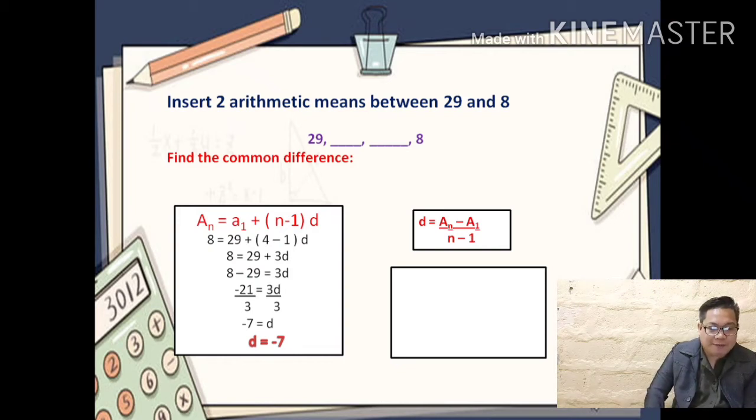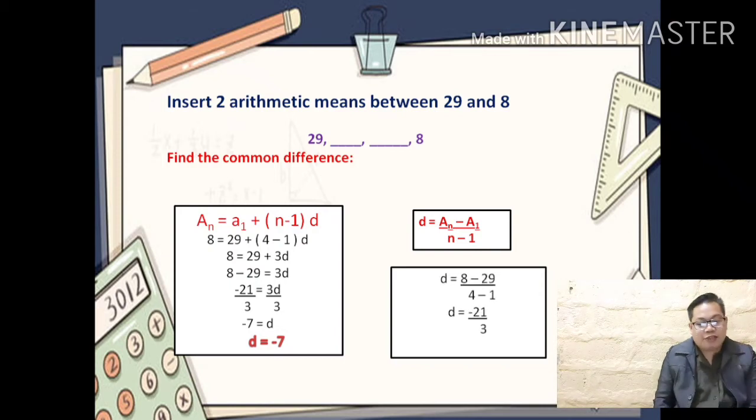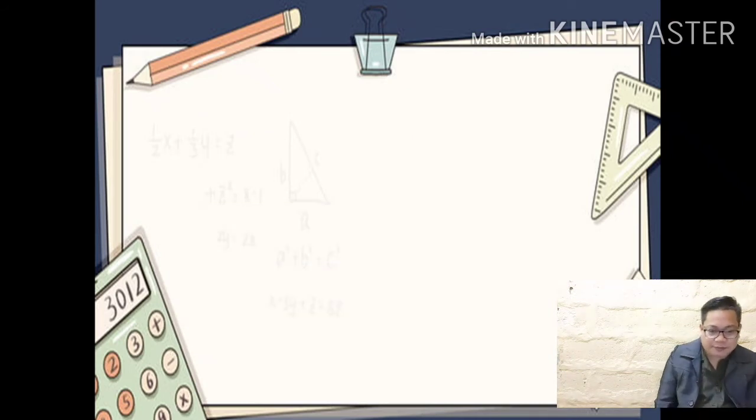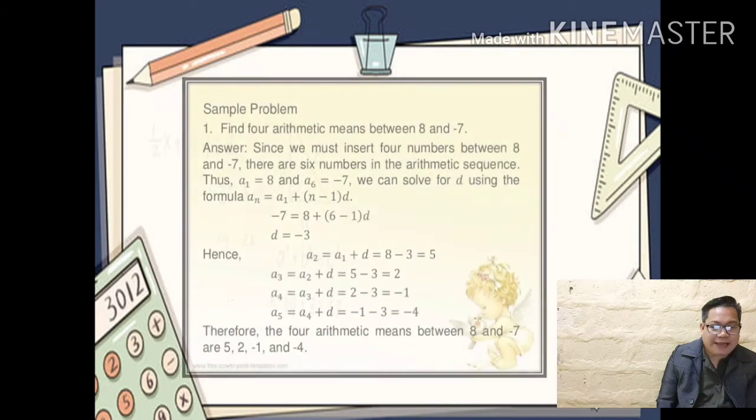D equals last term, which is 8, minus the first term, which is 29, over, dahil ilan lahat sila? 4, minus 1, equals, 8 minus 29 is negative 21, divided by 3 is negative 7. So, parehas lang. Kung saan kayo mas nabibilisan, kahit alin sa dalawa, pwede nyo gamitin. So, the common difference ay negative 7.